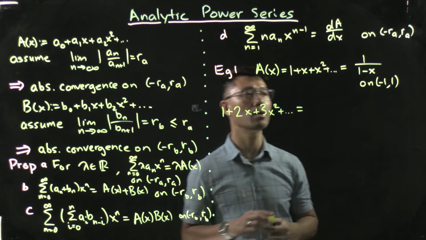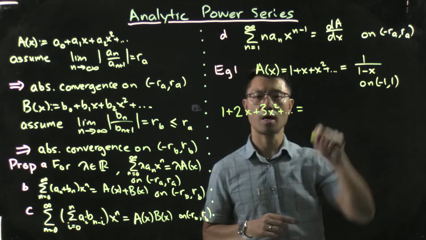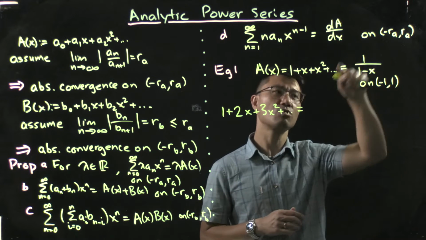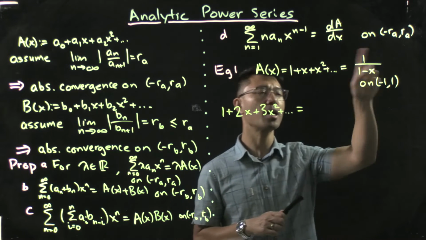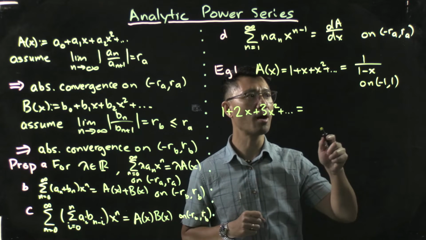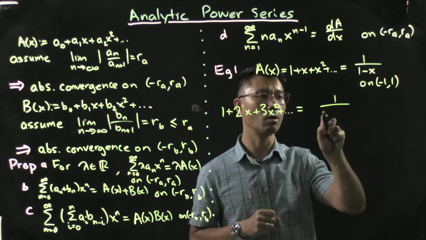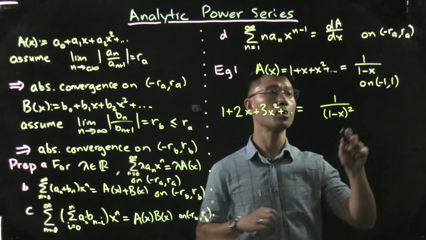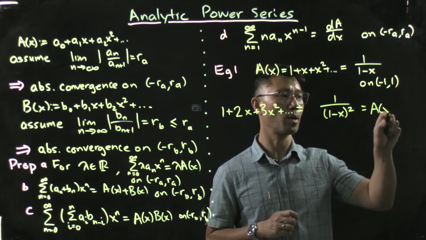And it equals the derivative on this side here, at least for all x in this range. And what's the derivative of this here? So I guess that's easy enough. You'll find that's 1 on (1 minus x) all squared, which turns out to be A(x) squared.